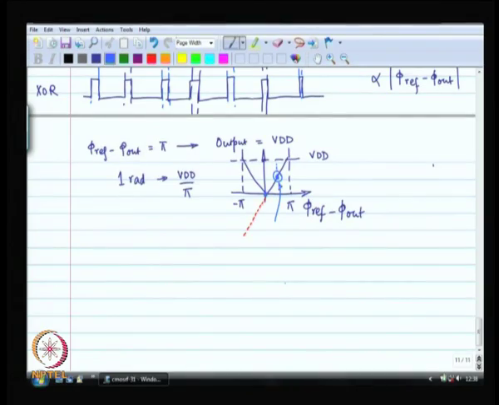So, in general, if you do use an XOR gate as a phase detector, you can use it. You are going to find that the loop locks at a phase difference of pi by 2 or minus pi by 2.